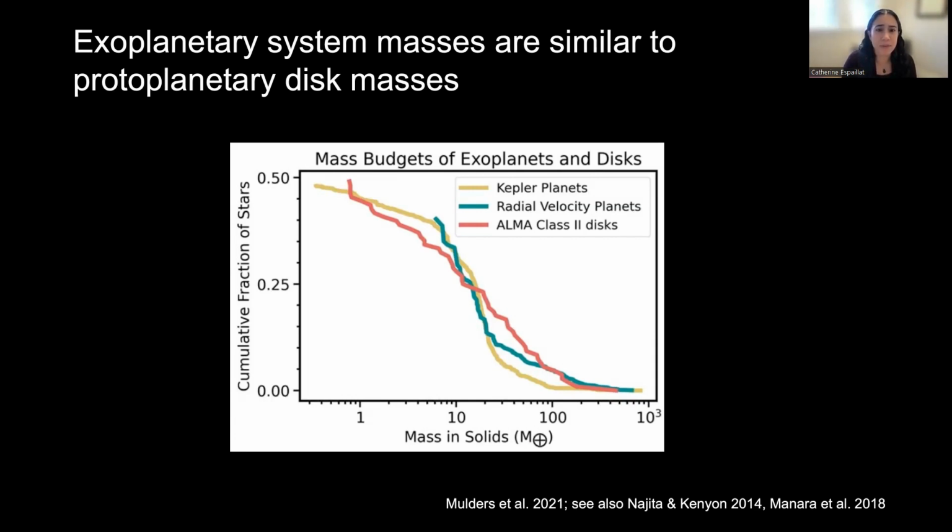And what people find is that the mass in solids, the dust masses in exoplanetary systems, is similar to what is seen in disks. And that would imply a 100% efficiency of planet formation, which seems very high.